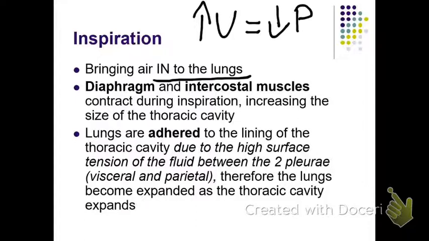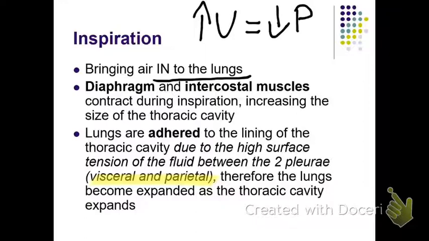And then, because the lungs and the diaphragm need to move as one cohesive unit, the lungs are physically adhered to the lining of the thoracic cavity, and there's this surface tension due to the fluid between the two pleurae, the visceral and the parietal pleurae.